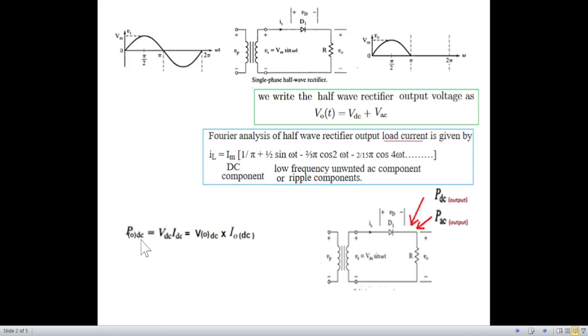So P output DC is VDC times IDC, or VODC times IODC. So this voltage VODC that we are talking about here, VDC, and the current IODC. And similarly, P out AC is VO RMS times IO RMS. Here it is the RMS value or the AC value.